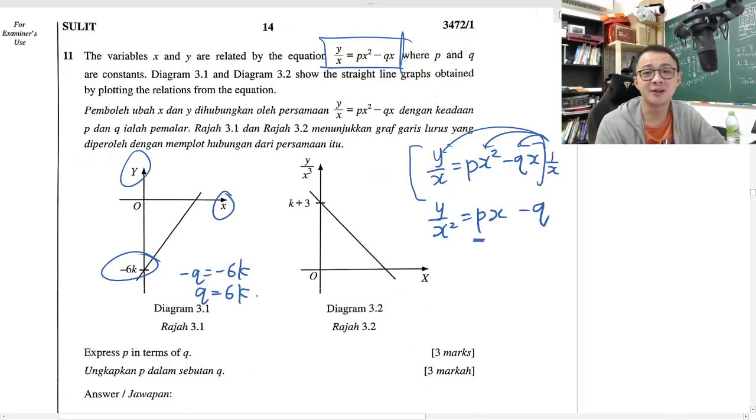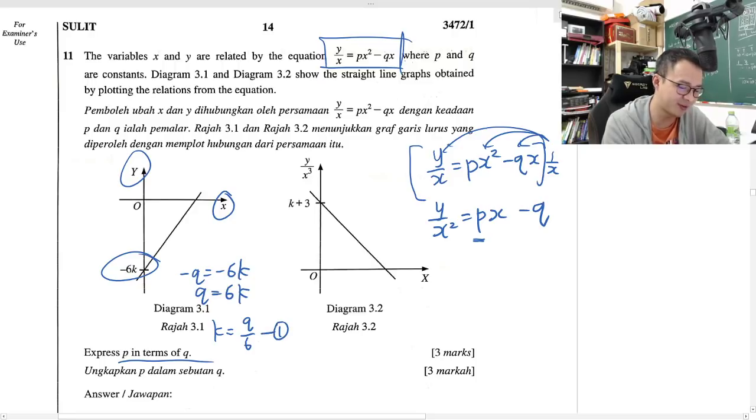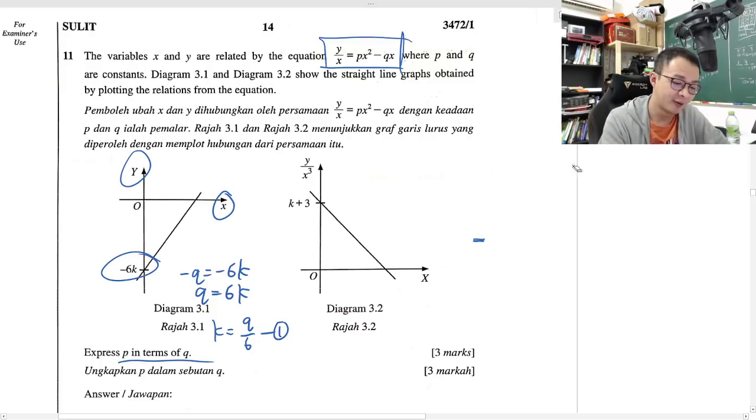But over here, I will make k the subject, because they want it in terms of p and q. They don't say they want it in terms of k. So I make k the subject. k will become q over 6. I call this the first equation. Maybe we need to use it, maybe not. Okay, so then the second equation, I know my vertical axis must be y over x cubed, sorry.